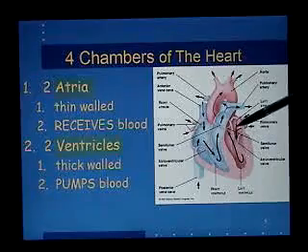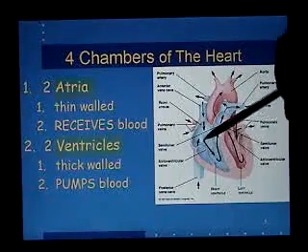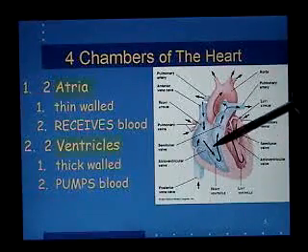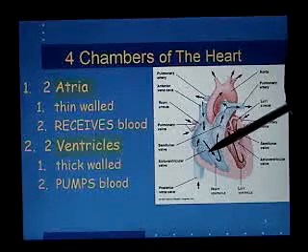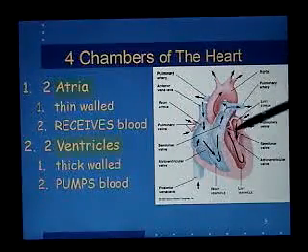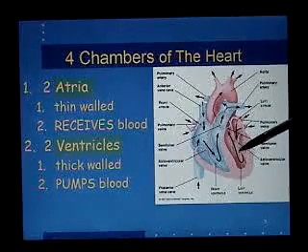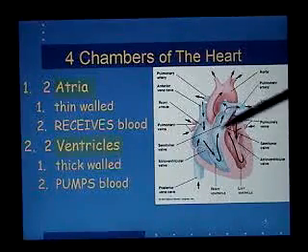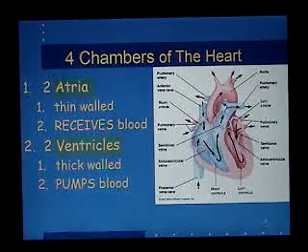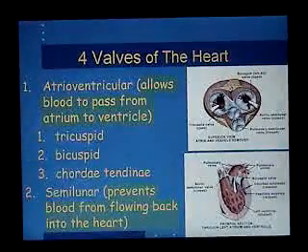It cannot go backwards, and it does not want it to go backwards this way. So when this contracts, this valve shuts. So the only direction that the blood can flow is forward. And when this ventricle contracts, this valve shuts, so that the blood can't go backwards. It has to continue forwards. That's what the atrioventricular valves are doing, the AV valves.